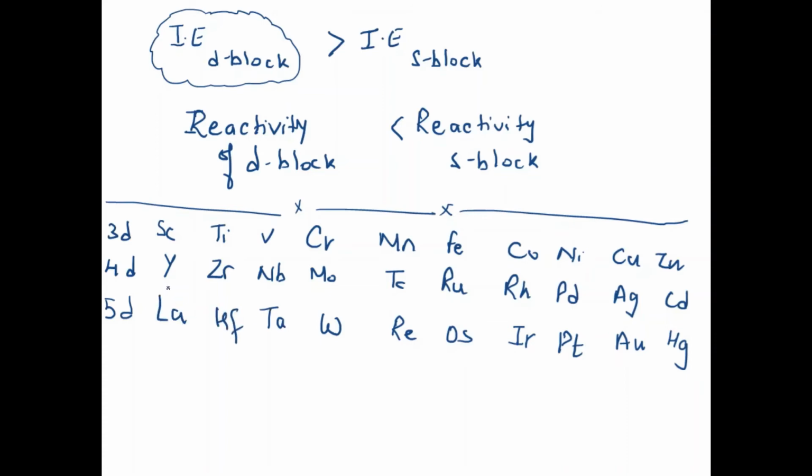This is the lanthanide series which we will study in the f block. So we basically consider till here. And the 6d series starts with actinium, that is an incomplete series.